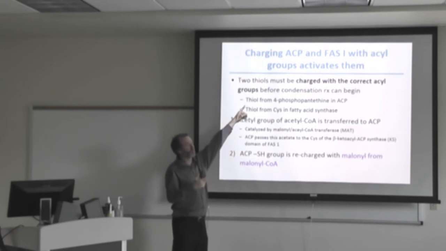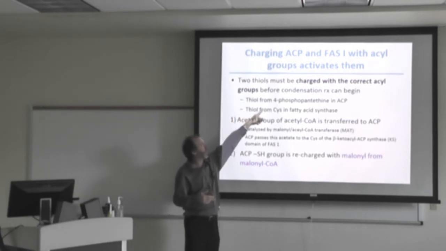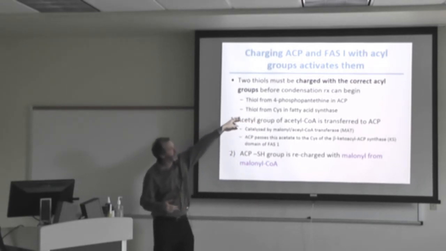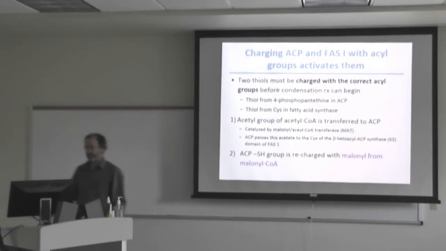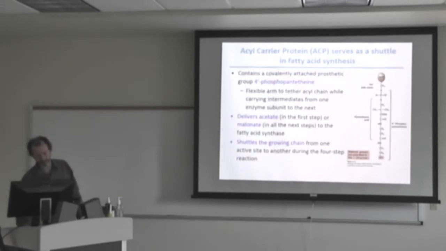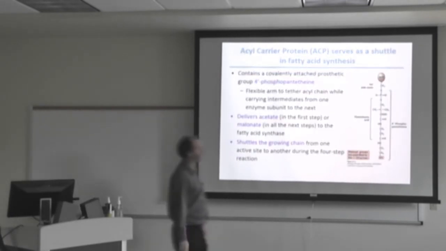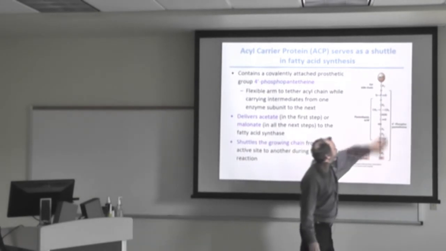You have 2 thiol groups. Must be charged with the correct acyl groups before you can get the condensation reaction to begin. The thiol from the 4-phosphopantetheine in the ACP, and this is the phosphopantetheine right here, this whole group.